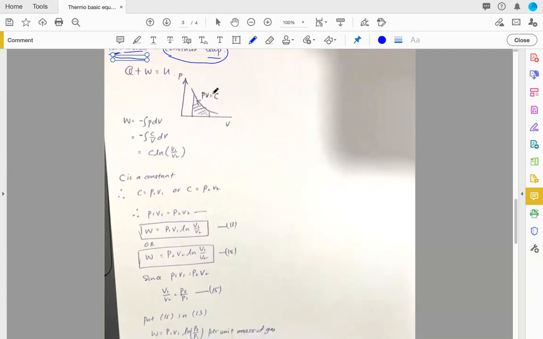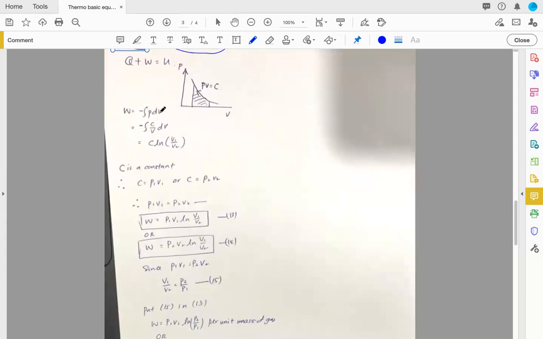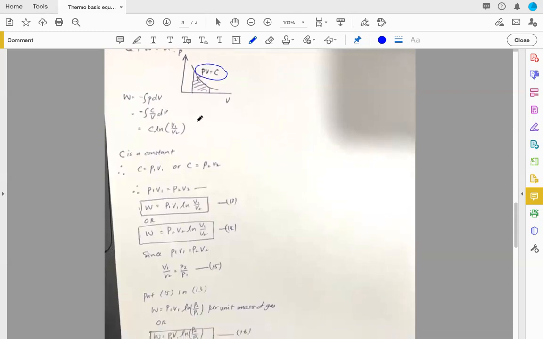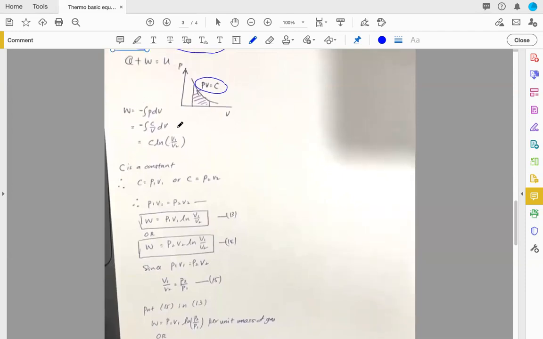So PV equals constant. The work equals negative P delta V. If you refer to this equation, we can replace P equals C over V, and if we do the integration, this is our work done.